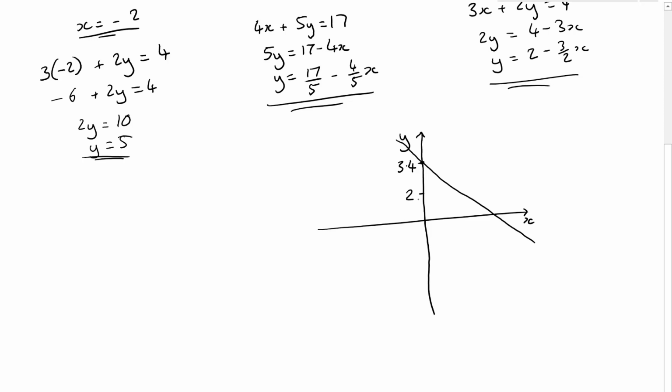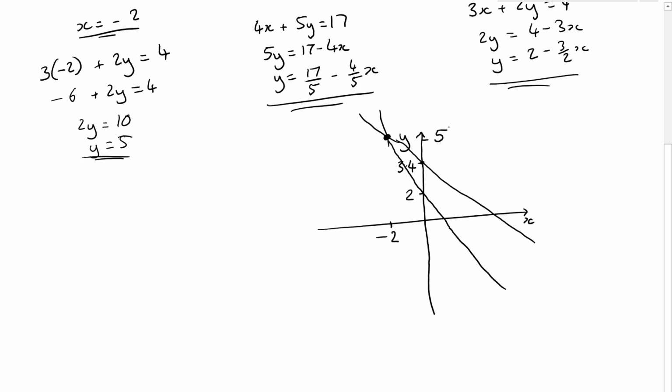Obviously this isn't to scale, but its gradient is going to be minus 1.5, which means it's going to have a much steeper gradient, and so it's going to go through here. So what you're going to find is that these lines are going to intersect about here. And if you were to plot these lines properly on a graph, obviously this is just a rough sketch, you would actually find that this will have a y value of 5 and an x value of minus 2.